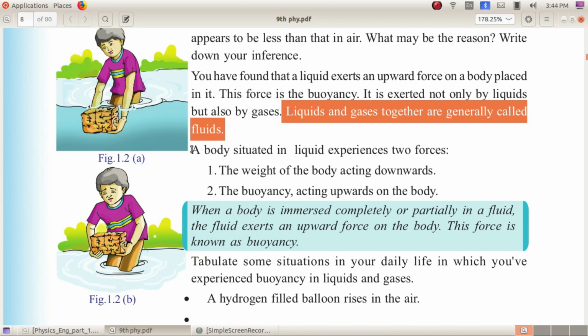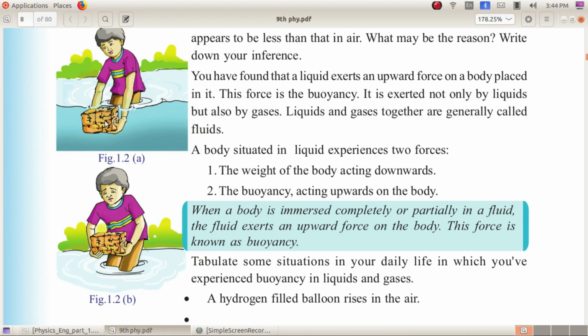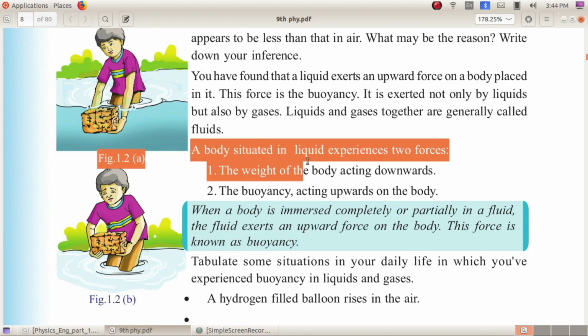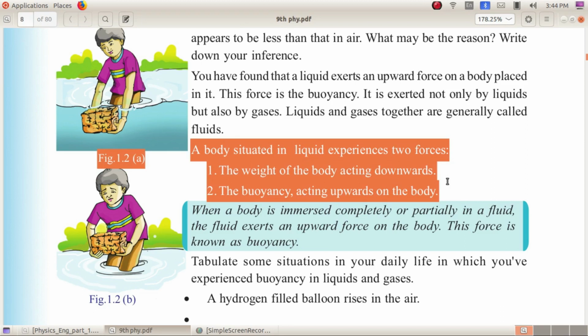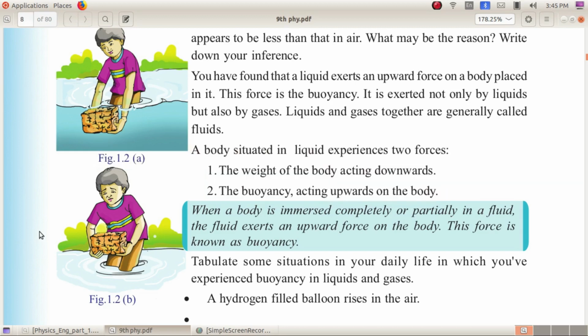Now, there are two types of forces acting on this body. A body situated in liquid experiences two forces: the weight of the body acting downwards and the buoyancy acting upwards on the body. Thus, we realize that there are two forces acting on this body. One is a downward force and the other is an upward force.